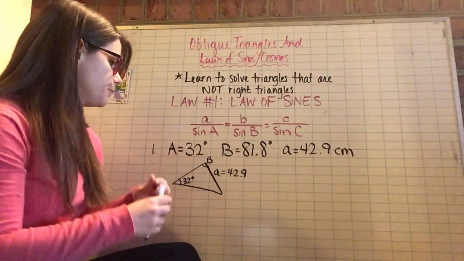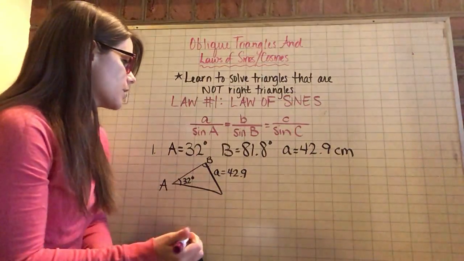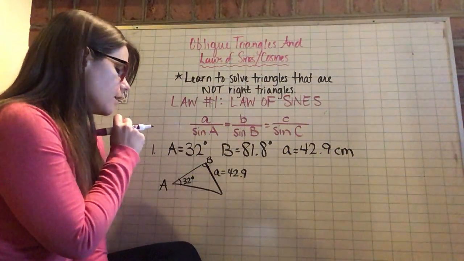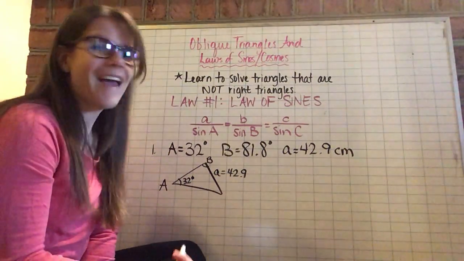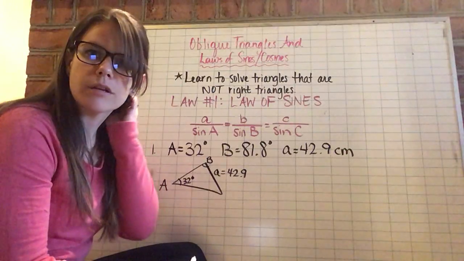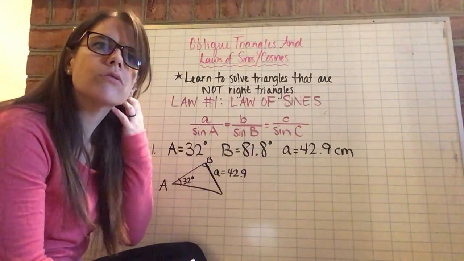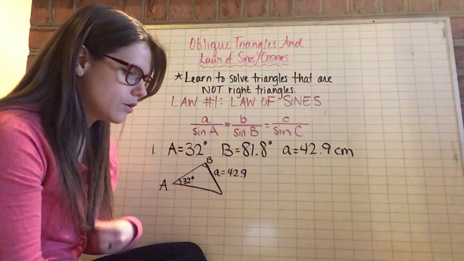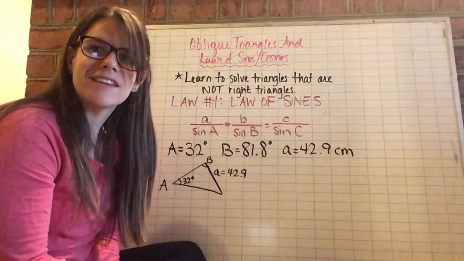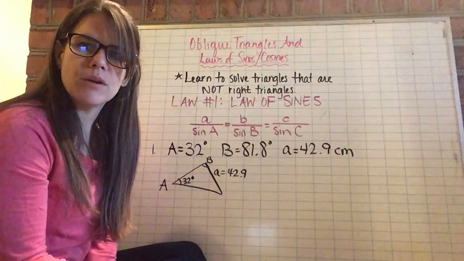So now, I'm going to just set this up. I can find two things right now. I can find angle C just by subtracting. Everything we learned about angles of triangles is still true, okay? They all add up to 180 degrees. I can also find side B by using my new law.